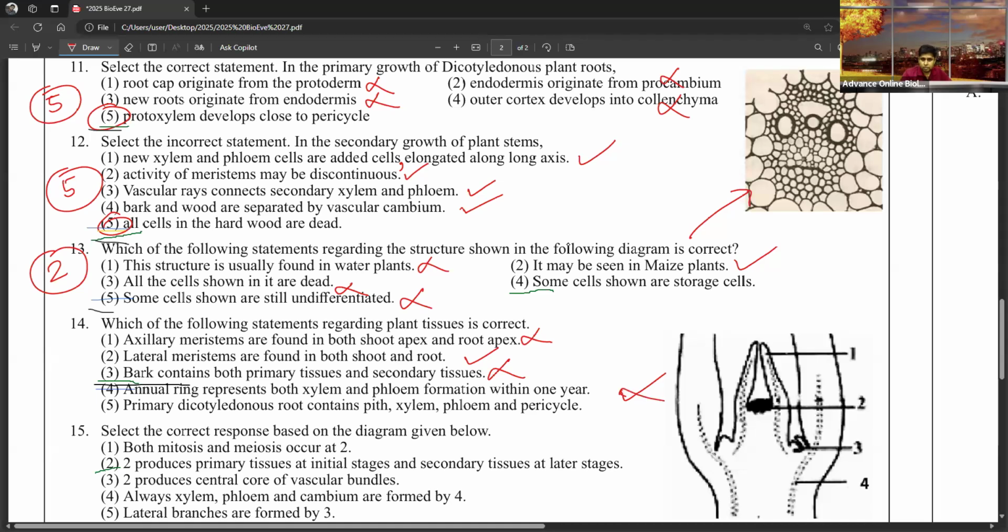Wrong. Primary dicotyledonous roots contain pith, xylem, phloem, pericycle. Primary dicotyledonous root contains pith. Wrong. Dicot roots don't have pith. So I'm taking the second as the answer for question 14.